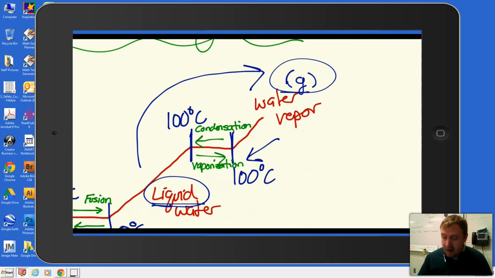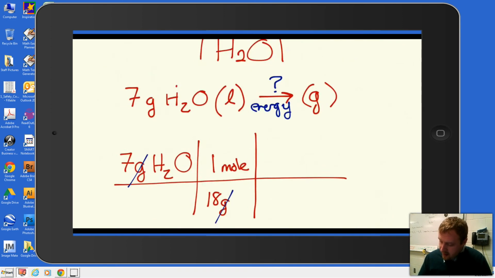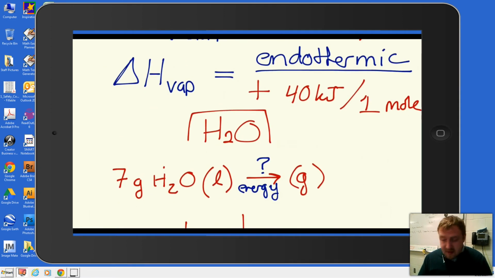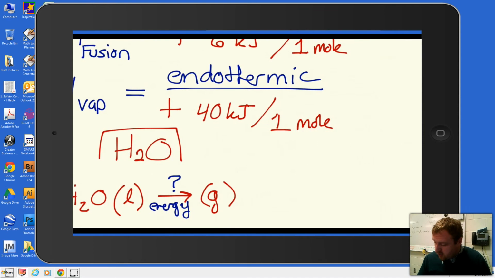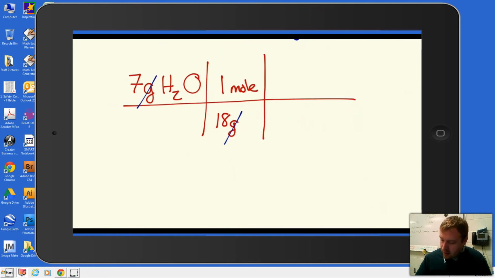Okay, so now that I have that in place, I'm going to go back and say, if it's delta H vaporization, then I'm going to use 40 kilojoules per 1 mole. So for water, it takes 40 kilojoules per 1 mole. I'm going to put the 1 mole in the bottom here, and my positive 40 kilojoules up here.